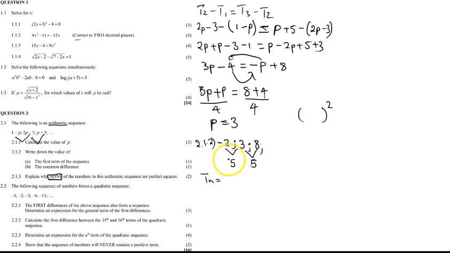Tn is equal to 5n, that is dn, which is what you did in grade 10. So it's 5n, and then if I substitute 1 here, 5 times 1, I get positive 5. What must I add or subtract in order for me to end up with negative 2? So I'm supposed to subtract 7. Is it 7? 5 minus 7 is negative 2, yes.